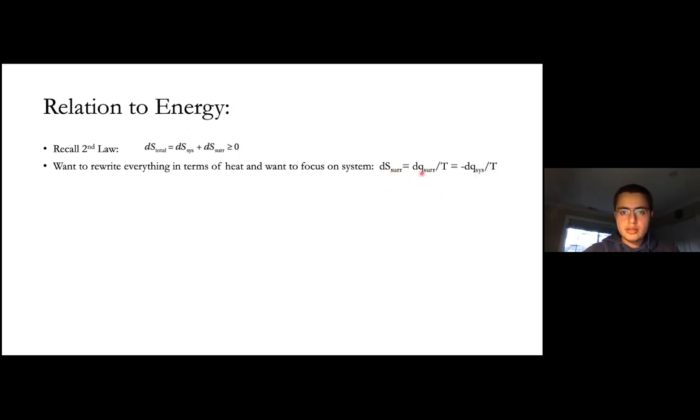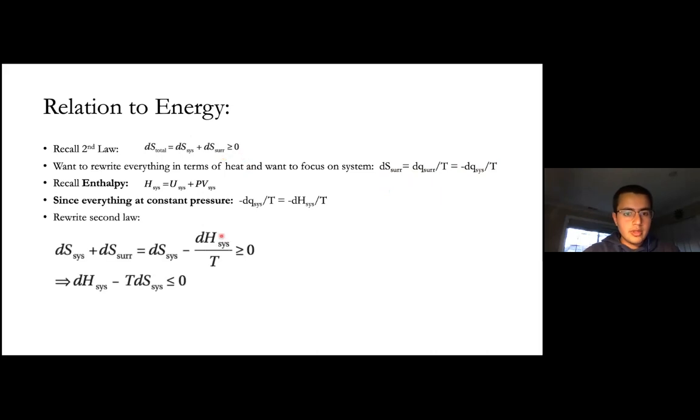So if we plug this into the second law of thermodynamics, we can just plug this in here, and also we have to introduce another term, enthalpy, which is simply the change of heat at constant pressure.